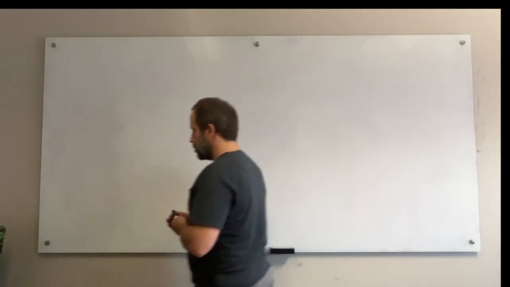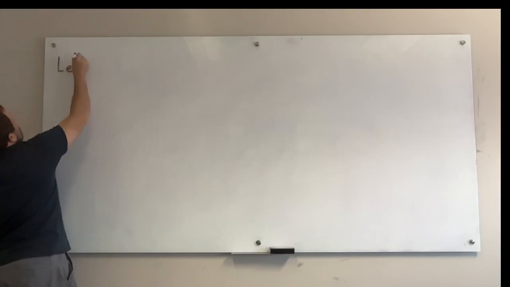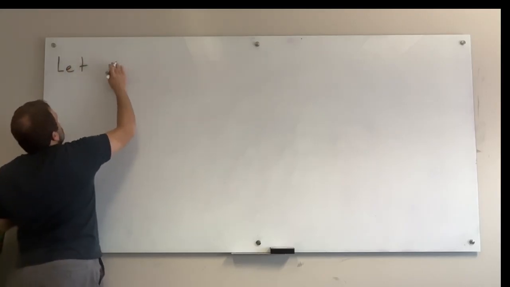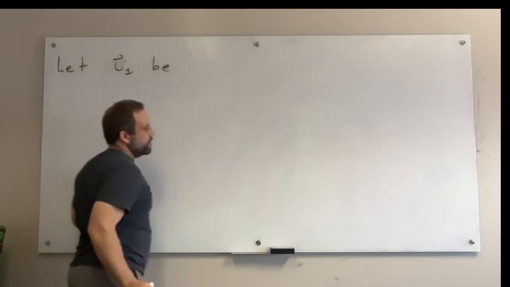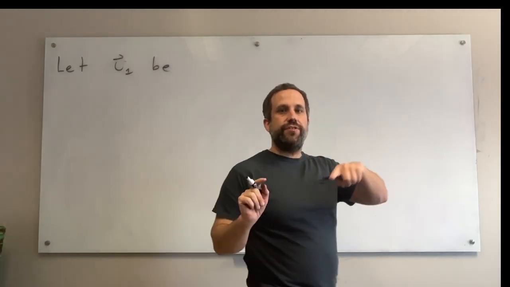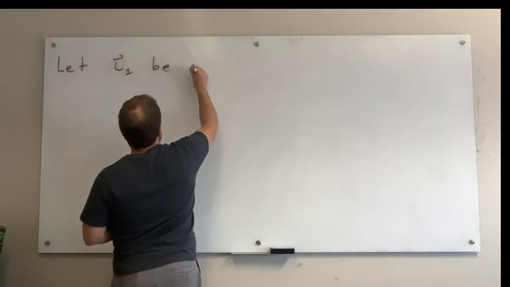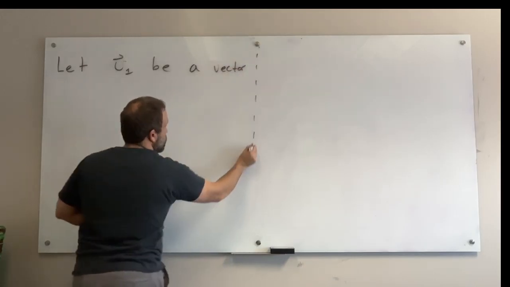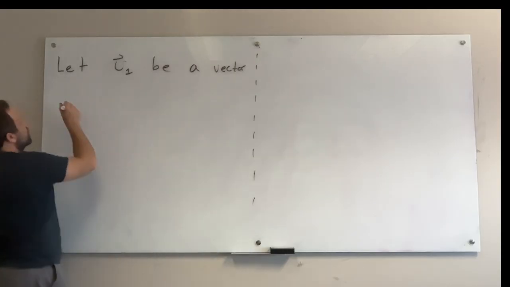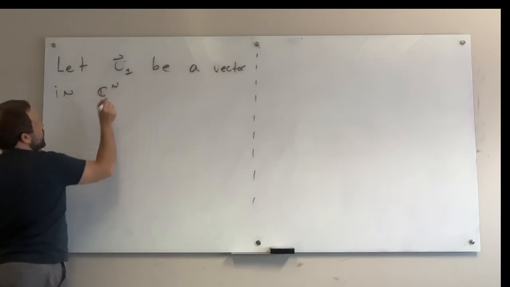Okay, so let me call it V1. Let V1, the reason I'm calling it V1 is because later on there's going to be a V2 and V3 and so on and so forth. So let V1 be a vector in Cn.